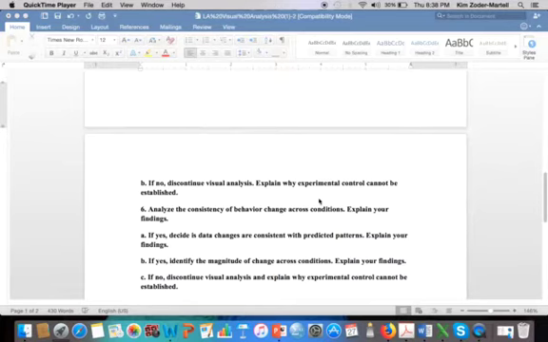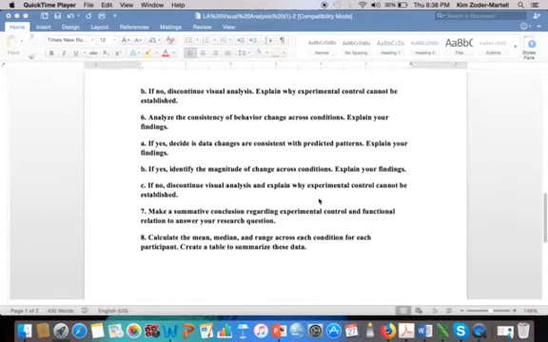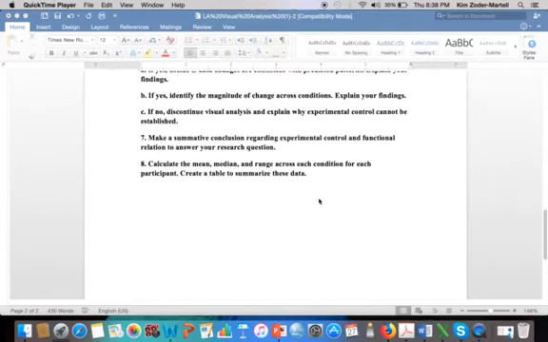If you cannot and there's no change at all, then discontinue your visual analysis, explain why you cannot demonstrate experimental control. So after you've gotten through all of this and you've looked at your graphs to make sure that they are constructed appropriately, you've looked at whether or not you can predict changes based on the research question, and you've looked at and analyzed adjacent conditions, so the ones that are right next to each other and the change that occurred, and then you also look at similar conditions, so comparing the baselines to each other and then the intervention to each other.